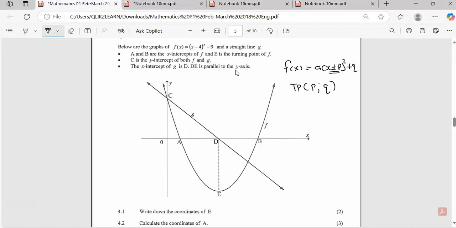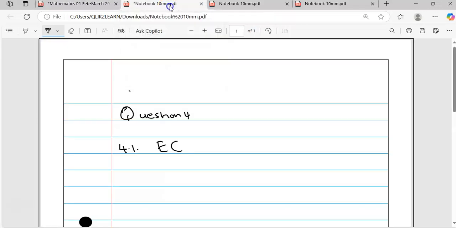To find the value of p, we take whatever is inside the bracket, x minus 4, and equate it to 0. Therefore, the value of x is 4. They said write down, so you don't have to show all the calculations. The x coordinate of E is 4.